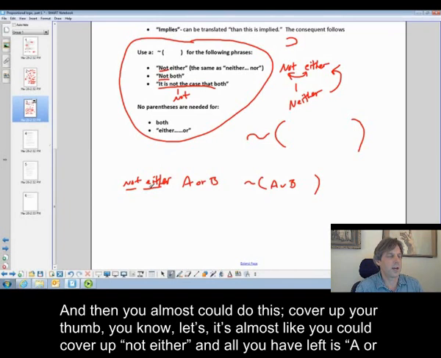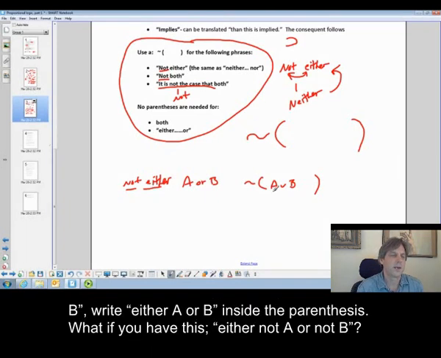It's almost like you could cover up not either with your thumb, and then all you have left is A or B. Write A or B inside the parentheses.